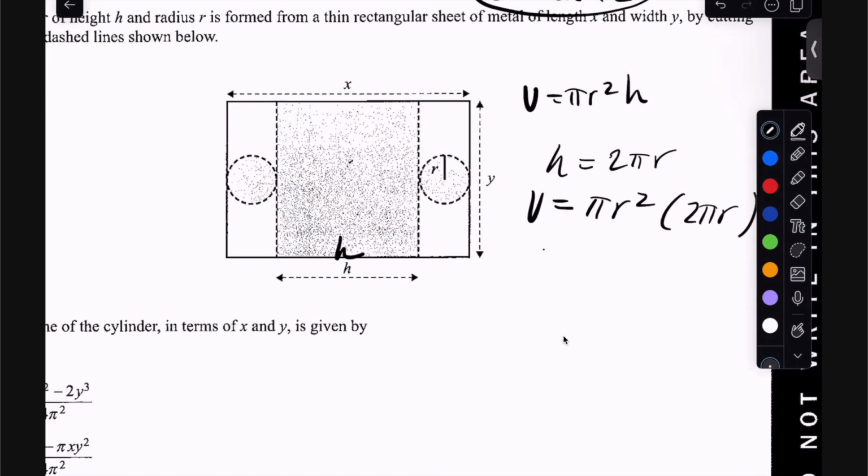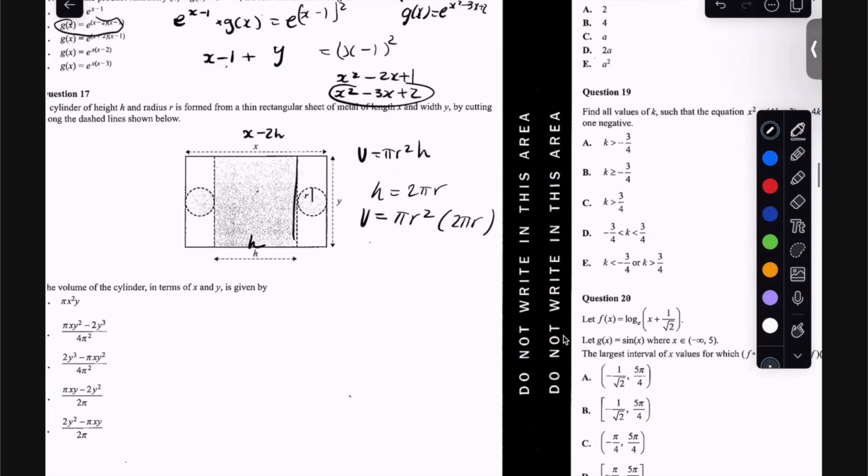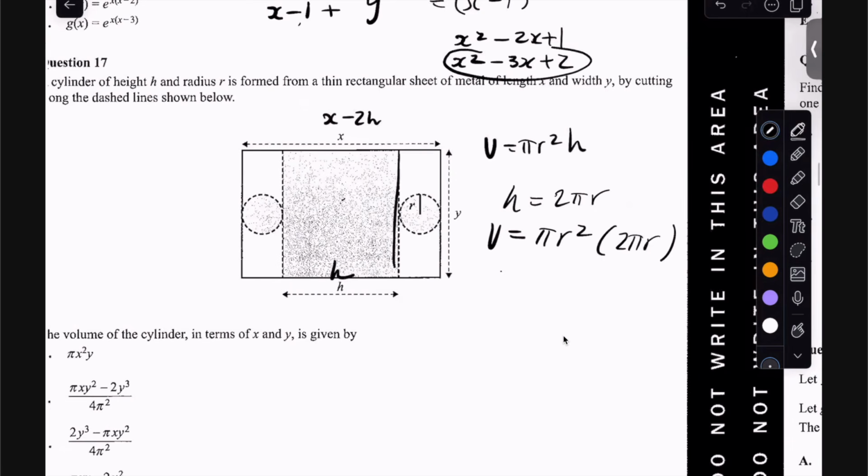So this is going to be x minus 2h, and this is going to be just y, and that's going to be your area. It doesn't say any values here. We just need an expression for the radius in terms of x and y, and we can get that if we figure out h in terms of x.